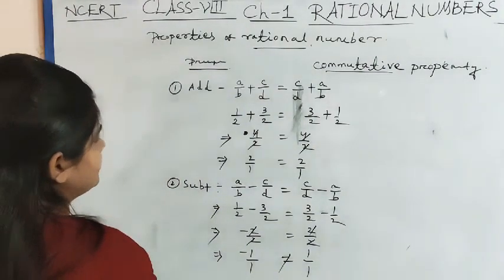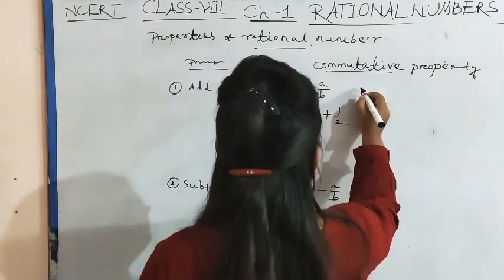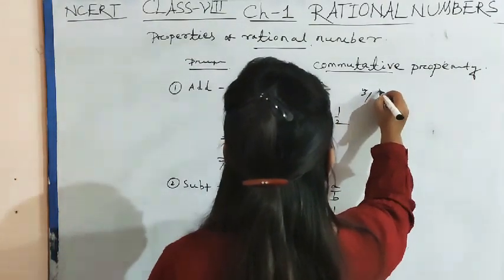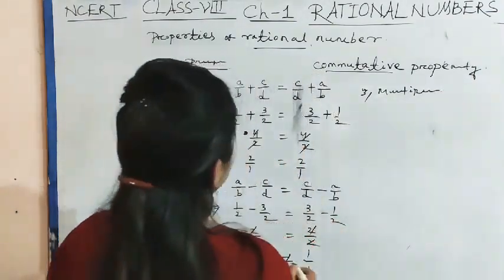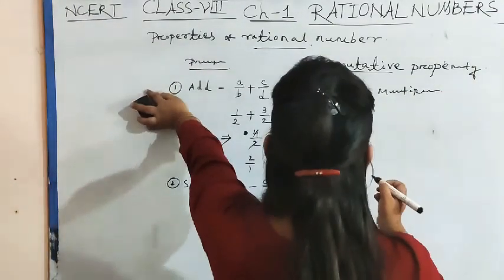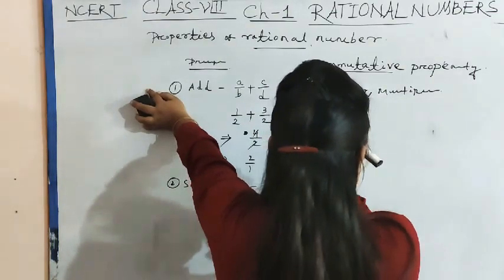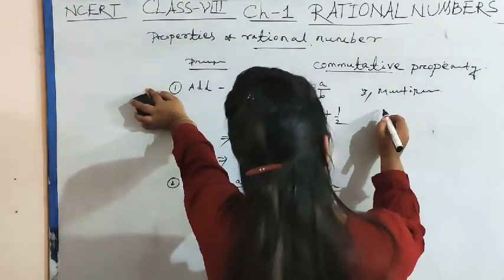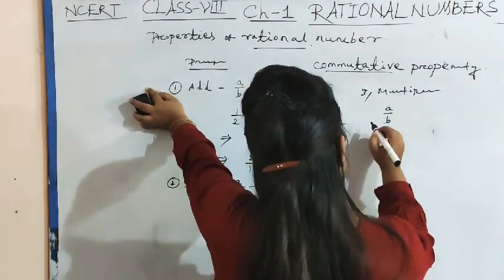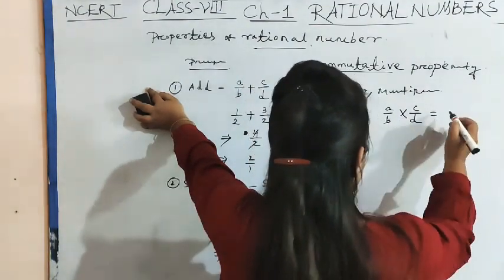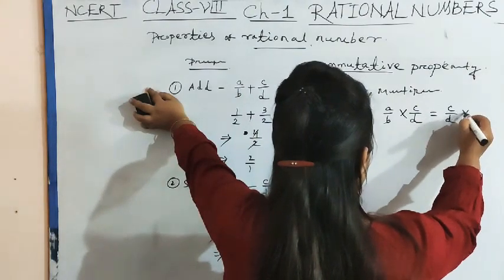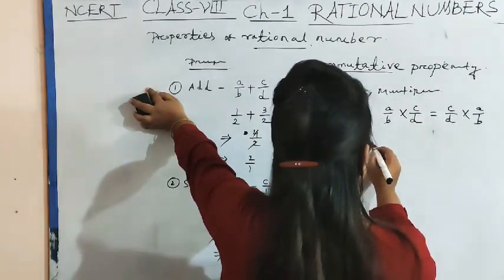Okay. Then next is multiplication. Check. Multiplication is under commutative or not. Suppose A by B is a rational number, C by D another rational number. C by D multiplied by A by B. Is it equal or not?